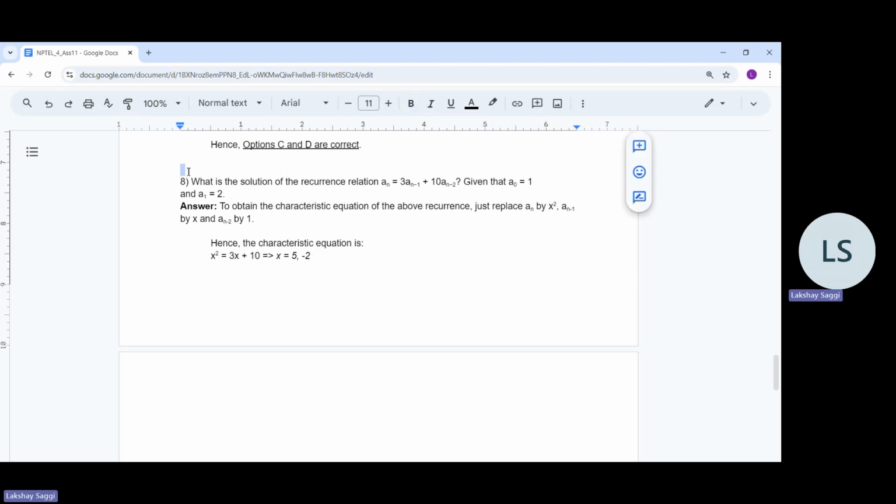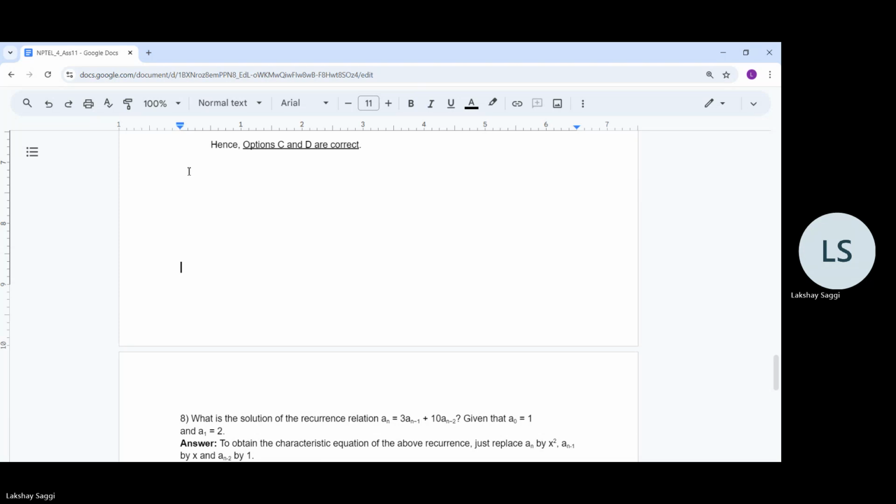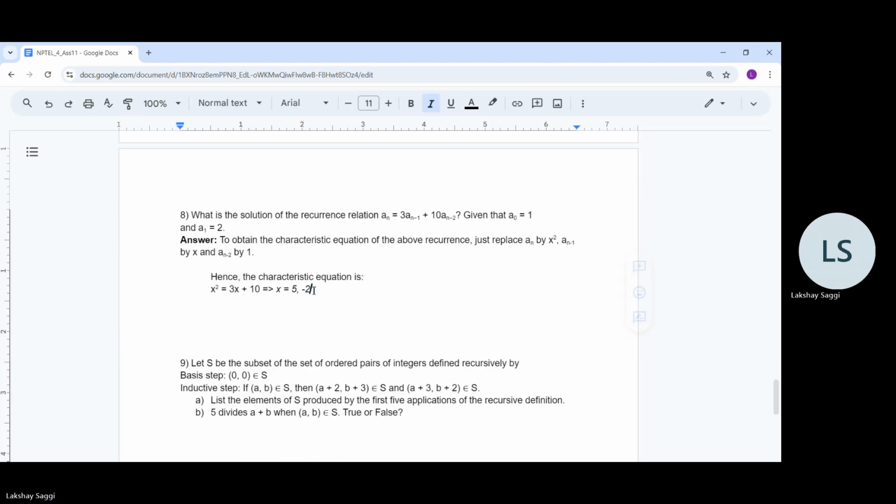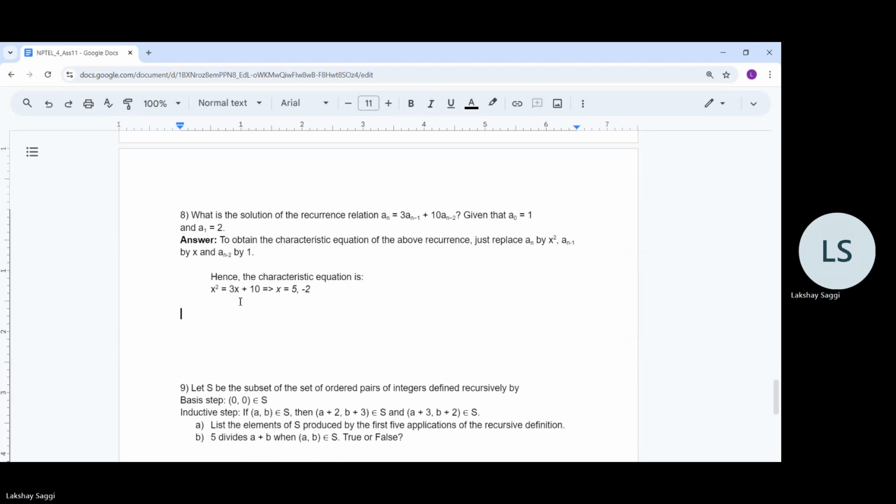Okay, maybe I should move this whole question to the next page. Now, this has already been discussed in the lecture. After obtaining the roots, A of n is of the form of a linear combination of these roots.